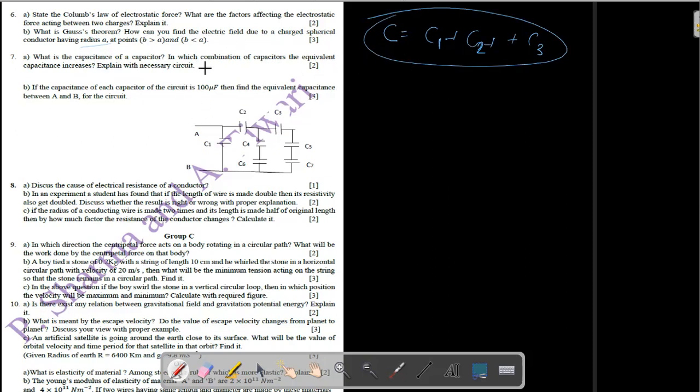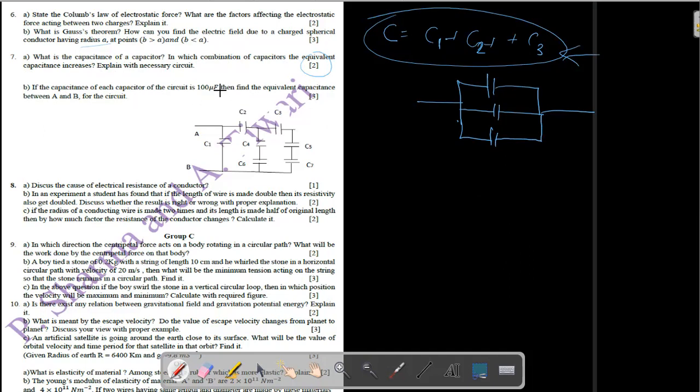So that will be enough, and here it is given to draw the circuit. So just make a parallel combination of 2 or 3 capacitors, and write this statement, you will get enough score for this.